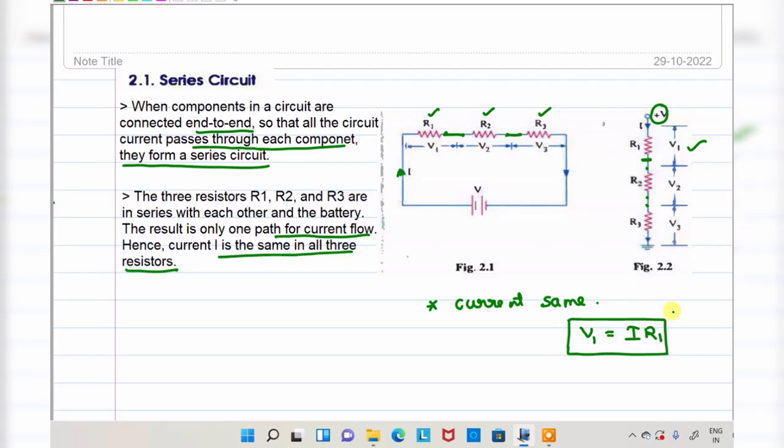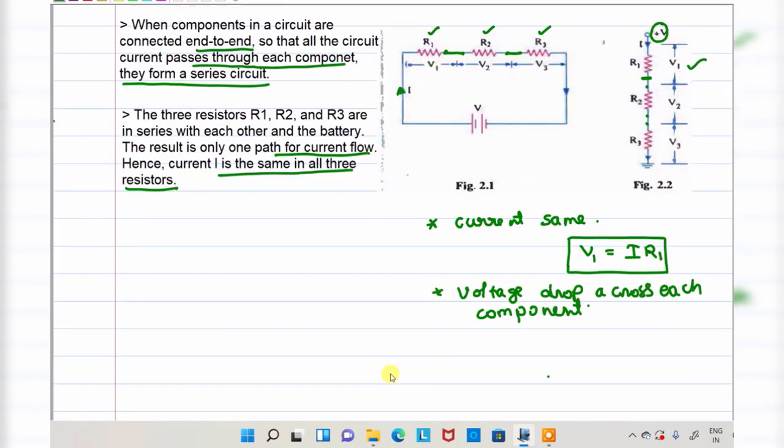So the second point you need to remember is the voltage drop across each component connected in the circuit. Okay, clear? Here the current is the same and the voltage is divided.